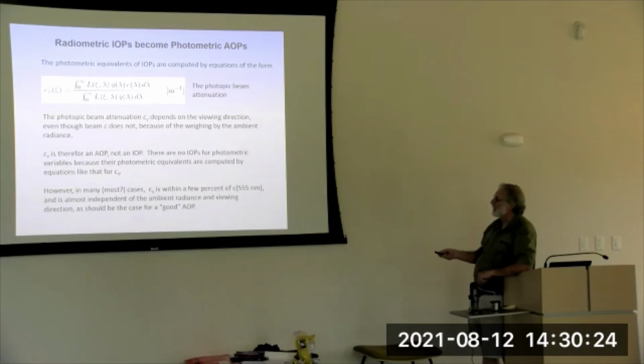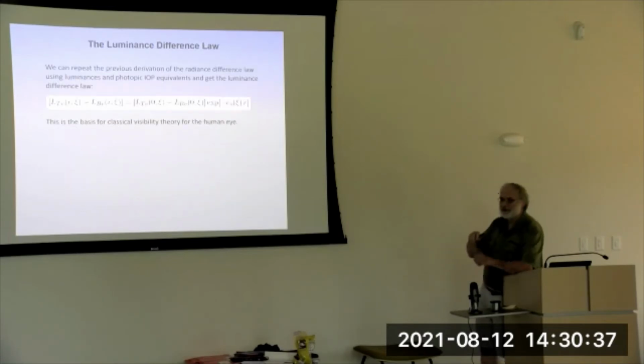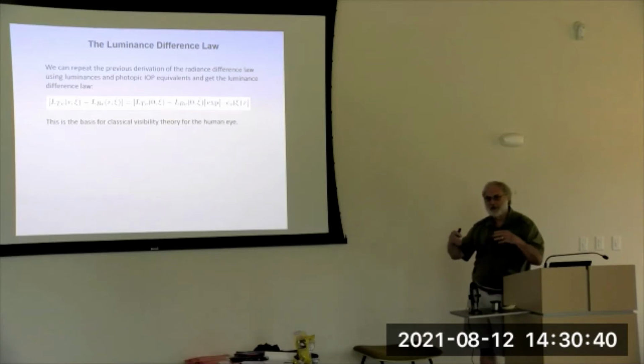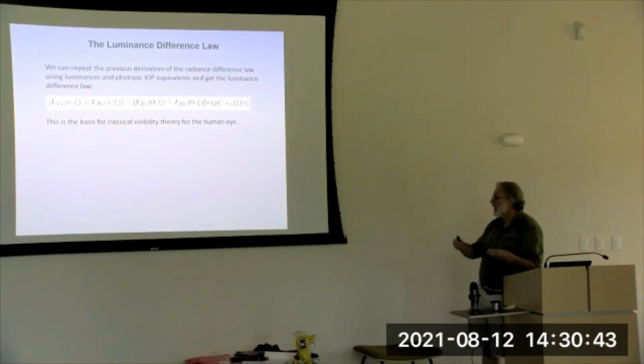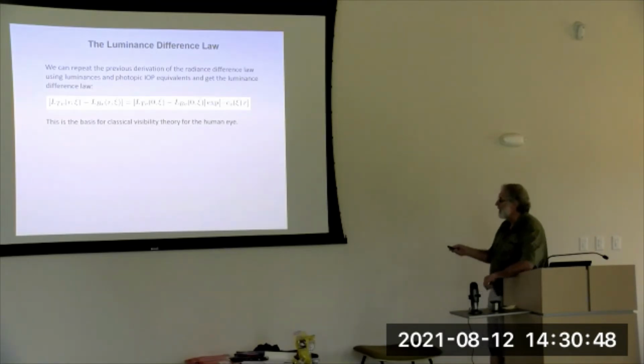But in principle, at least, this C here, the photopic C, is an AOP, it's not an IOP, because it does depend on the radiance distribution. Okay, you can go through this little derivation that we did for the Radiance Difference Law, and you come up with exactly the same thing, and it's the Luminance Difference Law, except now it's not a difference in radiances, it's a difference in luminances that your eye would see, and it's the photopic beam C out here, but the equation looks exactly the same.